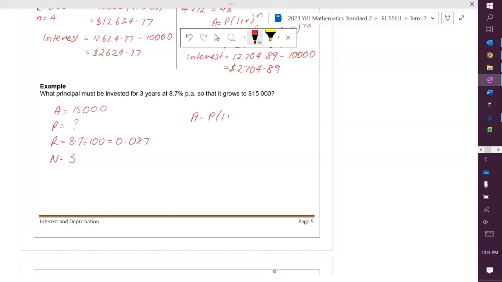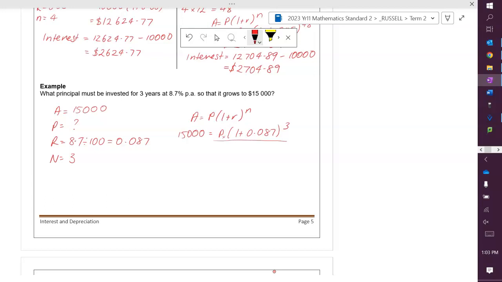So setting up our formula, always set it up. The amount is 15,000. I want to find my principal. So 1 plus 0.087 for 3 years. Now we know from algebra in younger years that a term out the front of a set of brackets means that is a multiplication.